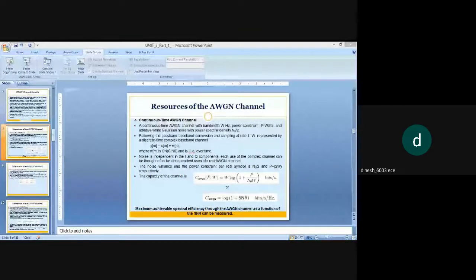So we get the channel capacity as w log of 1 plus p over n naught w bits per second, which can be written as c, the capacity of the additive white Gaussian noise channel, equal to log of 1 plus signal to noise ratio, 1 plus SNR bits per second per hertz.